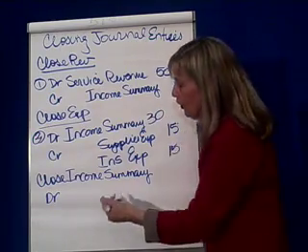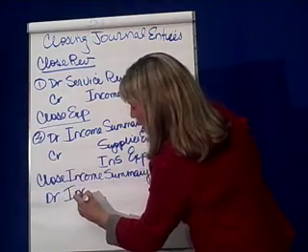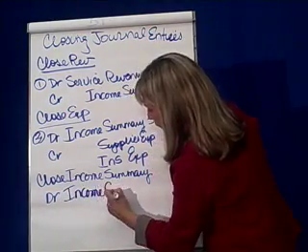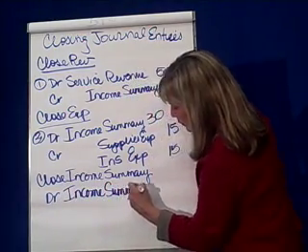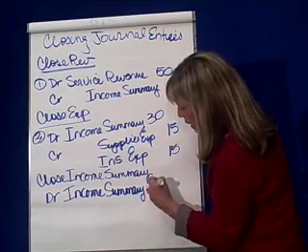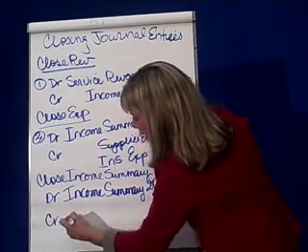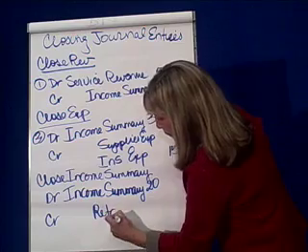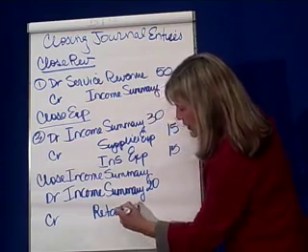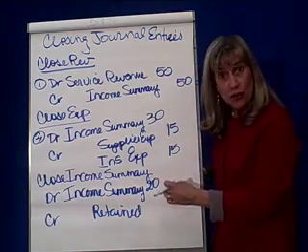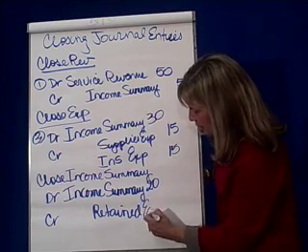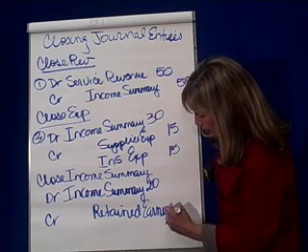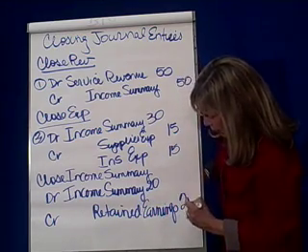So to close it, I'm going to debit income summary $20, and I'm going to credit retained earnings. Why? Because I'm retaining these earnings or this profit in the business, aren't I? $20.